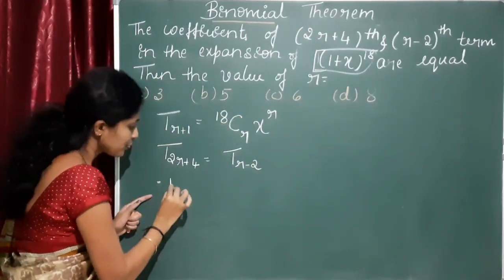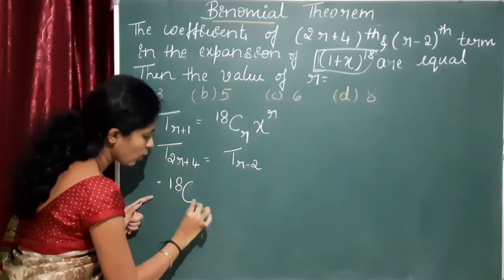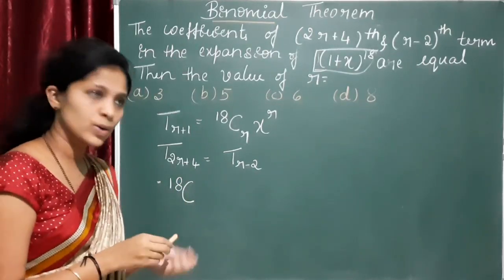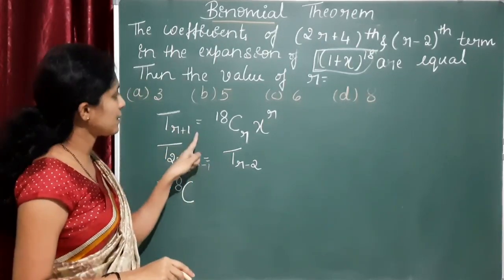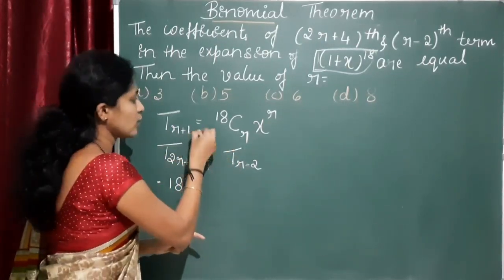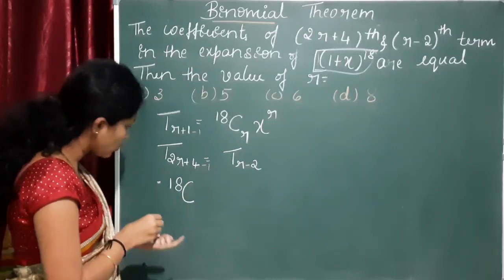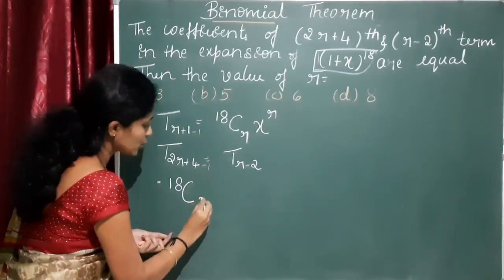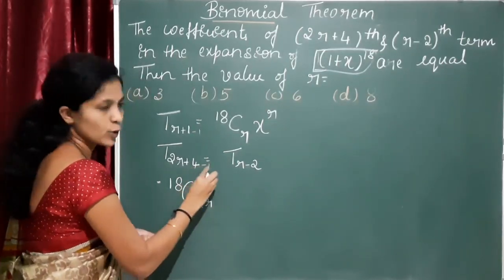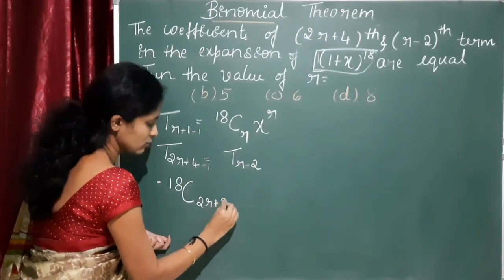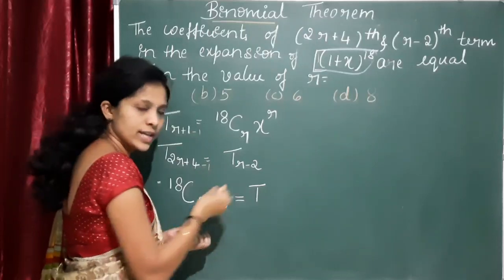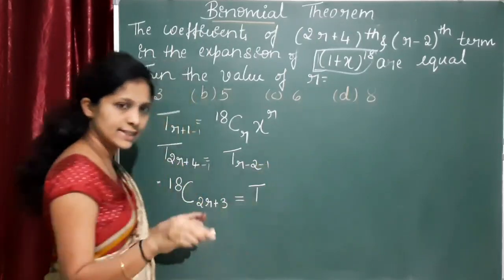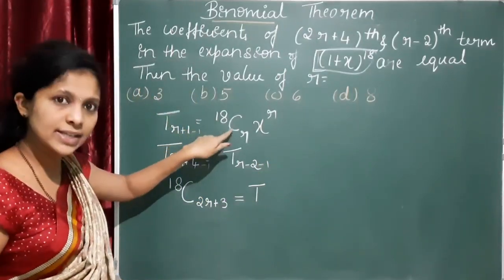Now we'll just substitute. What is the value of r now? Always we'll subtract 1. In T(r plus 1), r means we are subtracting 1 here. So if you subtract 1, 2r plus 4 minus 1 will be 2r plus 3. Even here we are subtracting 1, getting 18Cr.